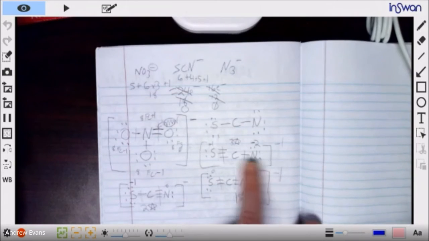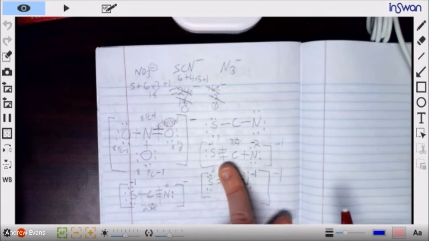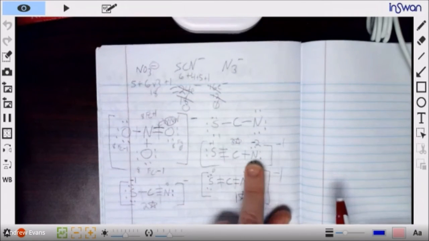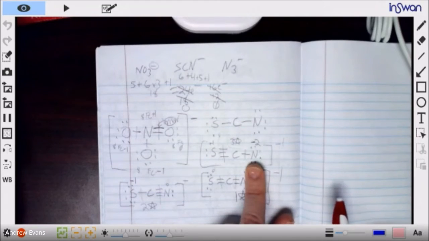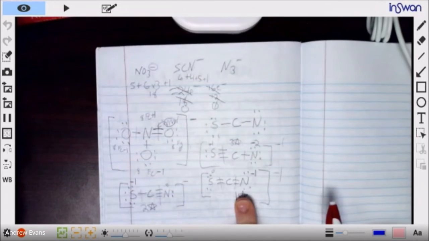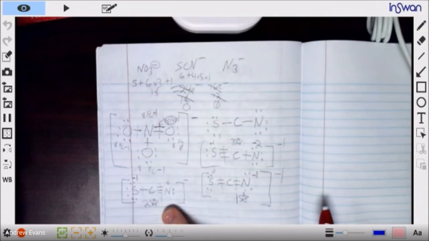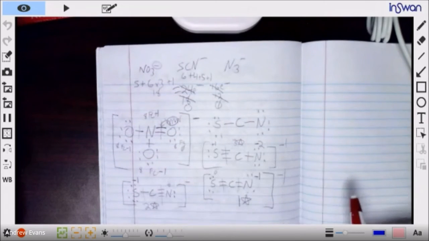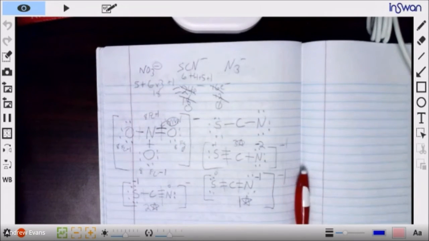Even though you have a positive on the sulfur and 2 negatives on the nitrogen, greater formal charge means lesser stability. So this guy would be the best Lewis structure, second best, and then the worst, but still a valid Lewis structure. If I said draw a valid Lewis structure, any of those would work.